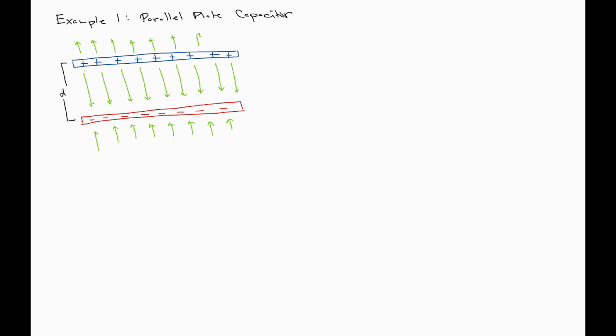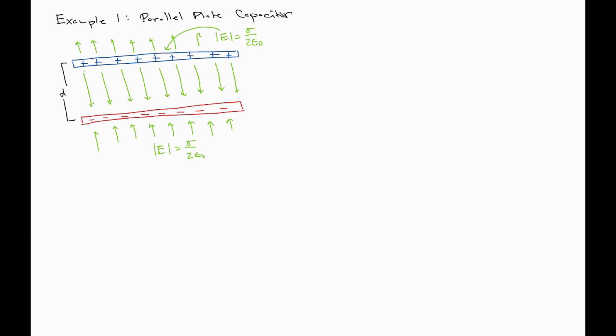The magnitude of the electric field above, if we're far away from the edge of the plate, which I'm not drawing as far away, but that's okay, is going to be sigma over 2 epsilon naught. Down here, same thing. The magnitude of the electric field is going to be sigma over 2 epsilon naught. That's what we get for our long plates of uniform charge.